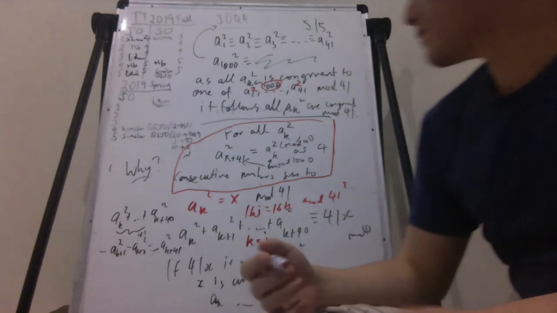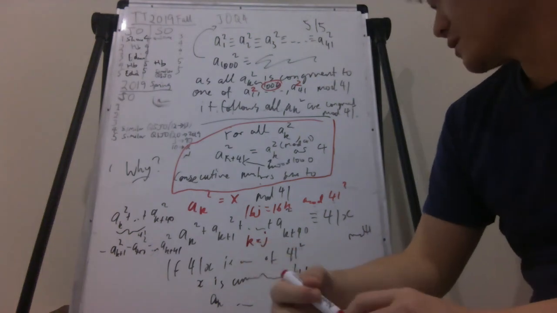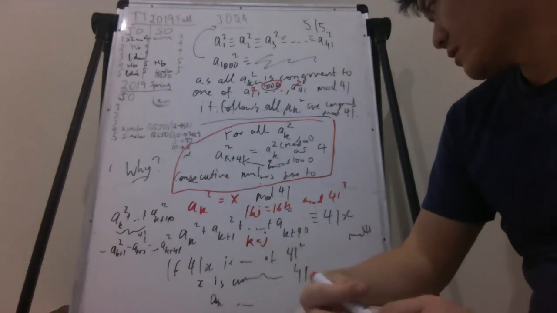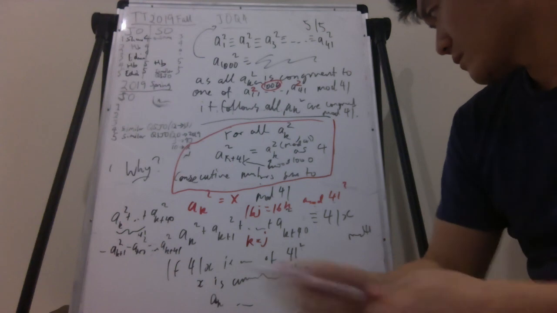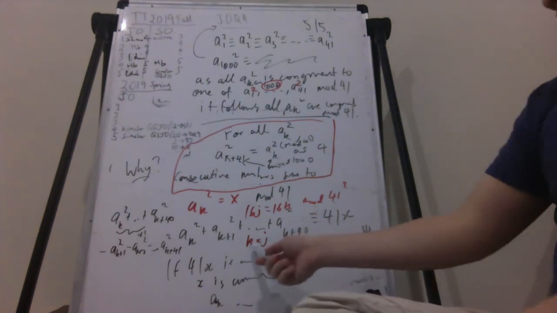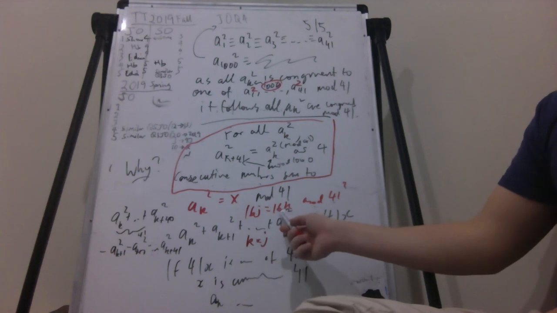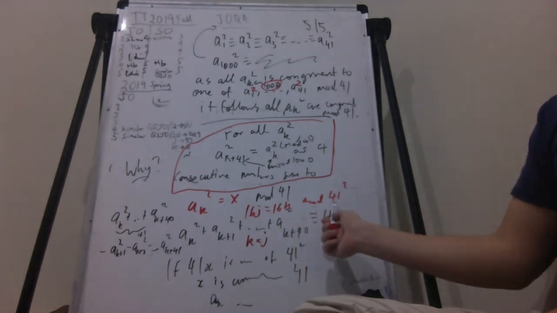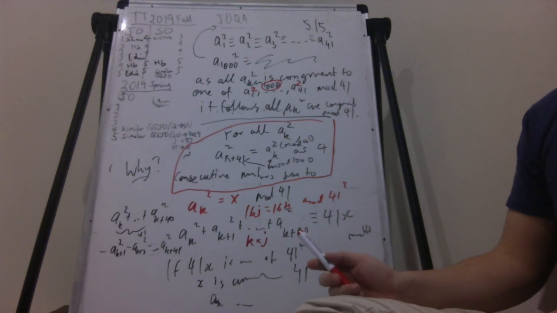Oh, yeah. So, mod 41 squared, let's see. Okay, so if 16j equals 16k, yeah? Then k equals j mod 41 squared.